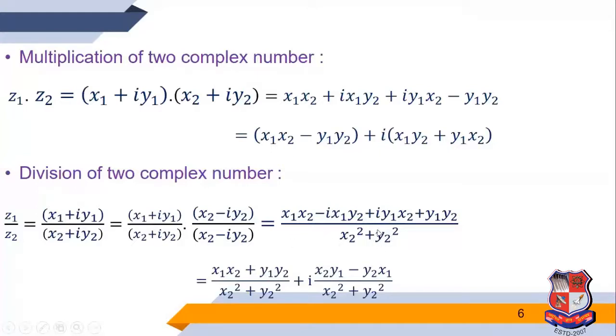So the denominator does not depend on the imaginary term, only the real part. So we convert this form to (x1 x2 + y1 y2) divided by (x2 square + y2 square) plus i (x2 y1 - y2 x1) upon (x2 square + y2 square). So this is the division of two complex numbers.